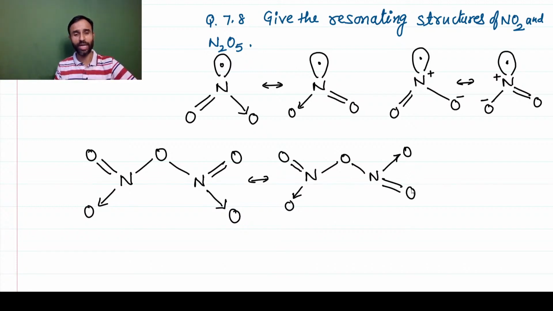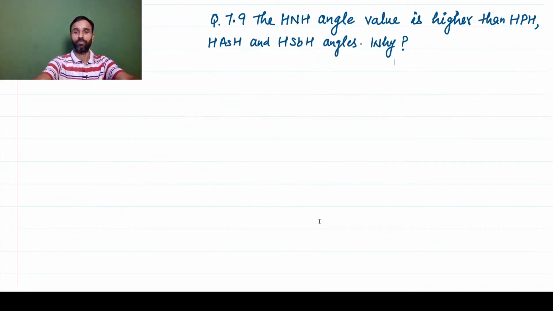Or the coordinate bond can be replaced by a covalent bond. Okay, but then nitrogen should get positive charge and oxygen should get negative charge. So there may be a question: in N2O5, is there any N-N bond? There is no N-N bond because oxygen is in between the two nitrogen atoms. Okay, so this is question number 7.8.